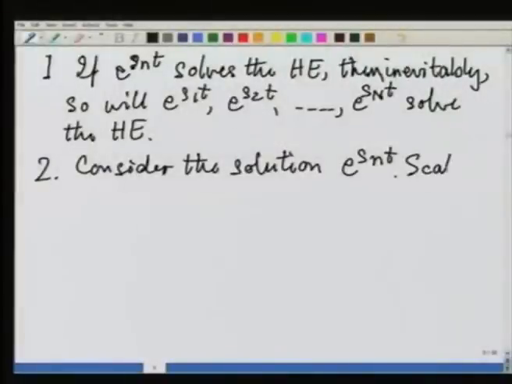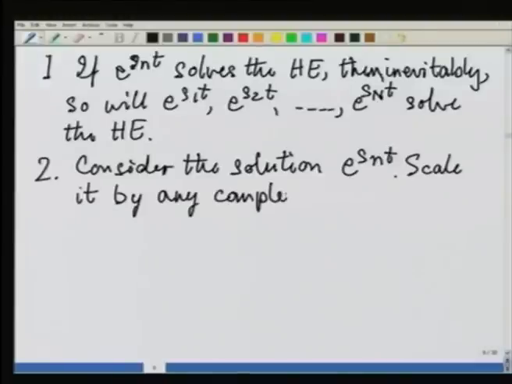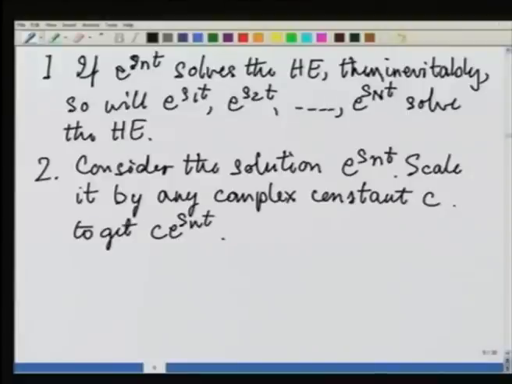Scale it by any complex constant, say C, to get C times e to the power S n t. Substitute this C e to the power S n t in the homogeneous differential equation. What do you expect you will get?